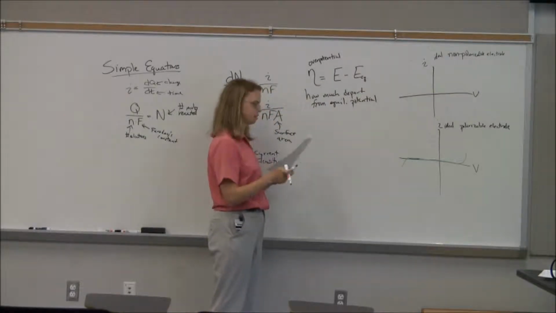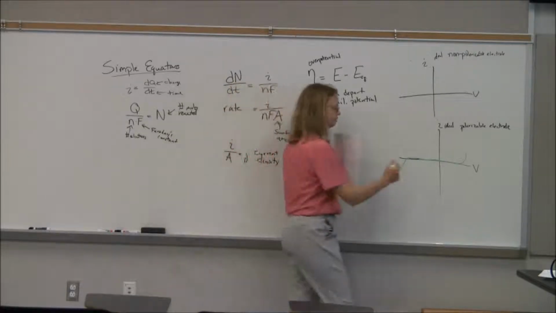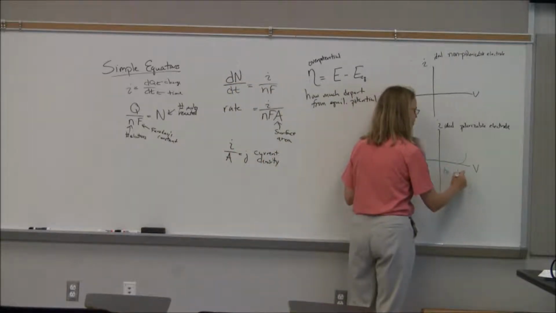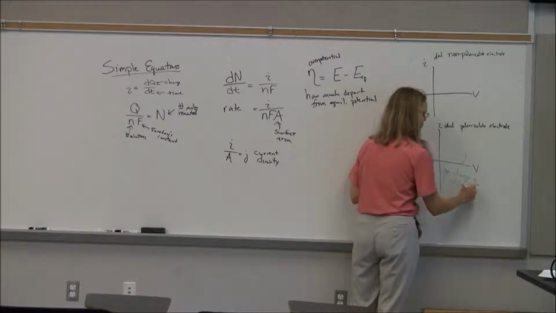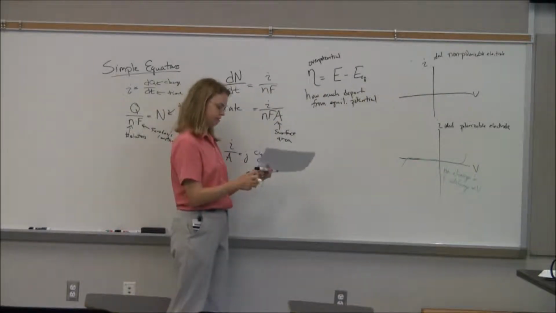You can apply a potential and you don't get any change in current. So basically, no change in current with a change in voltage. That's the ideal polarizable electrode.